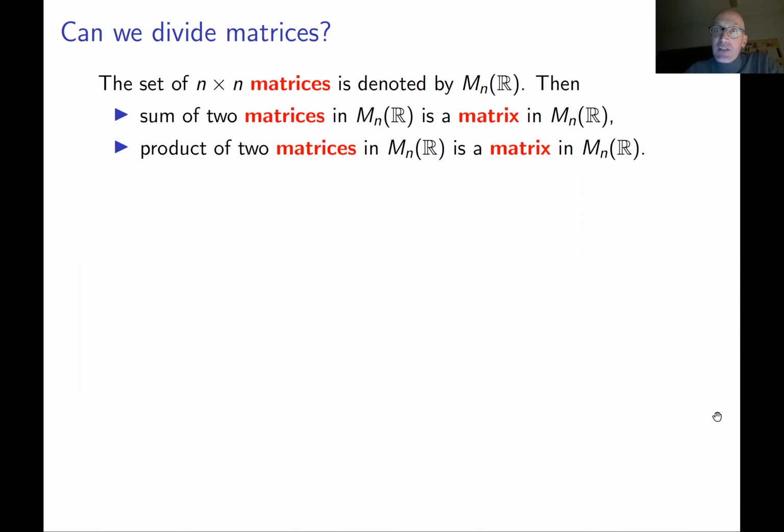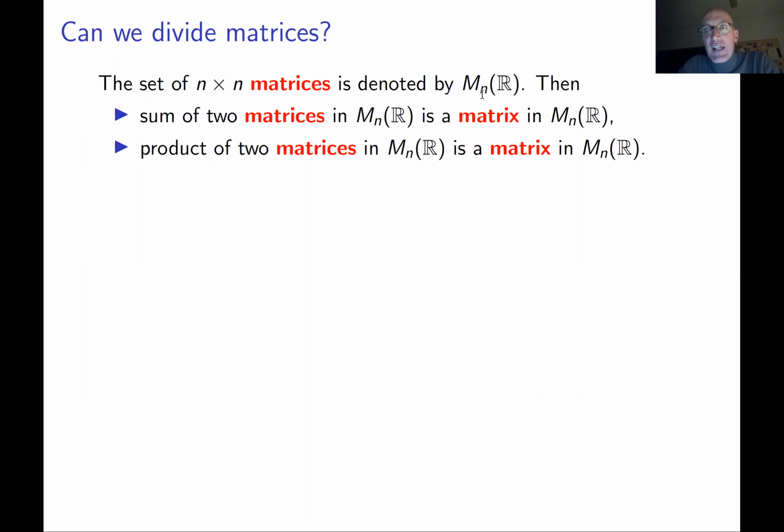The set of all n times n matrices is usually denoted by M_n(R). The R says that all entries of these matrices are real numbers, and n is the number of columns and the number of rows. The sum of two matrices in this set is, of course, a matrix in this set. Moreover, the product of two matrices in M_n(R) is a matrix in the same set, because the product of two n times n matrices is an n times n matrix.